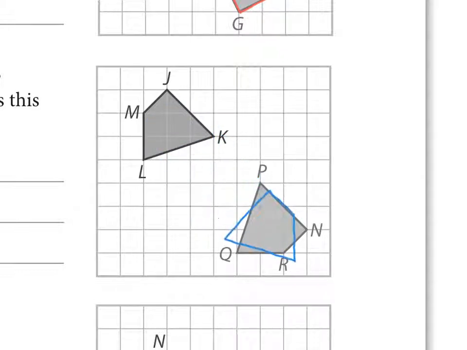And if I moved it down here, you see it still doesn't quite fit. But now if I rotate it, I can get it to actually fit very, very nicely. So that one actually took me two different rigid motions. And because of that, these two figures, this one and this one here, are both congruent.